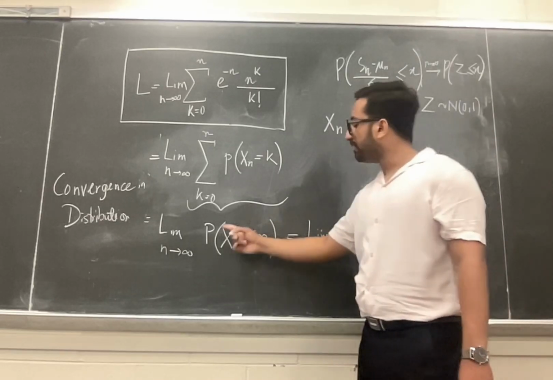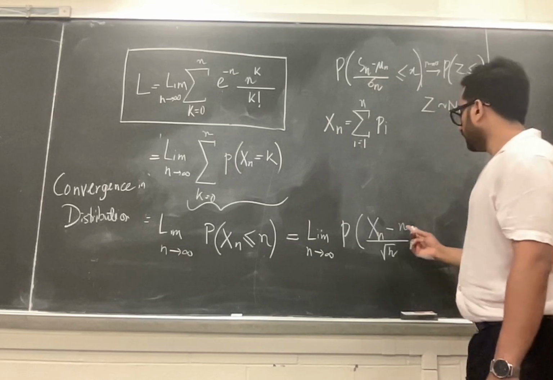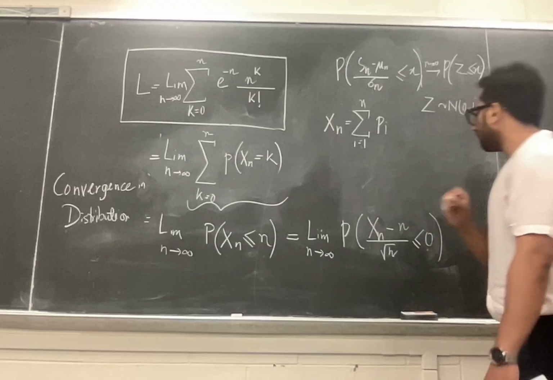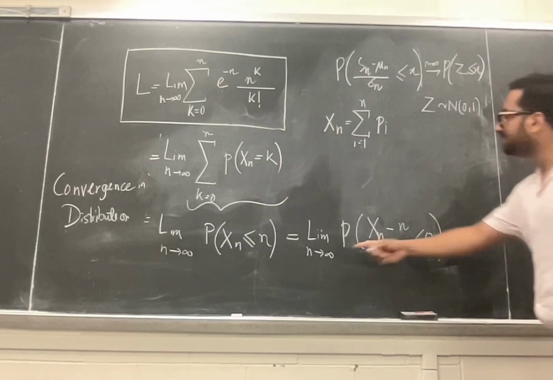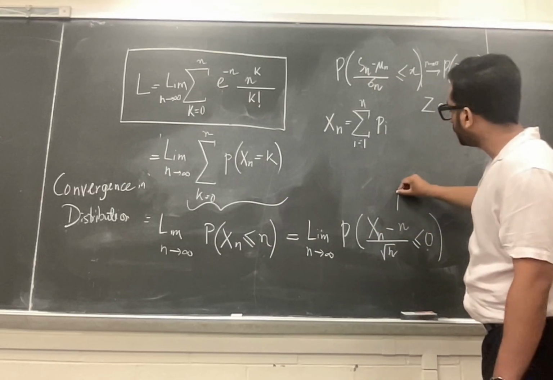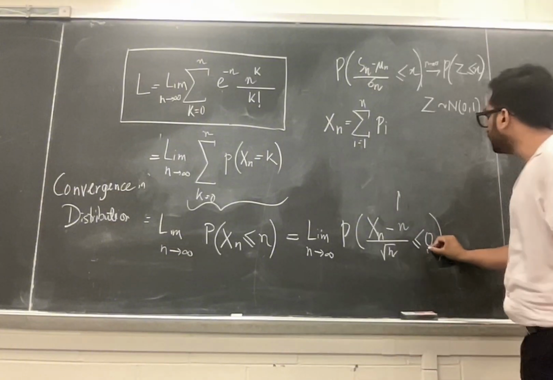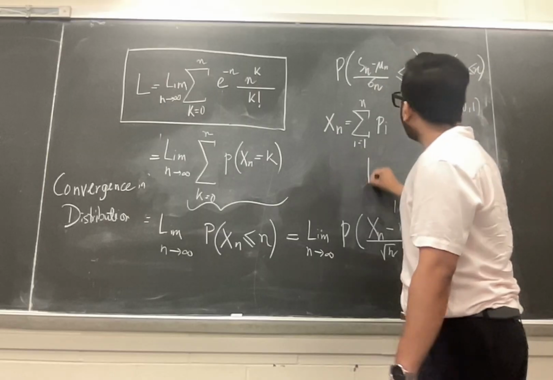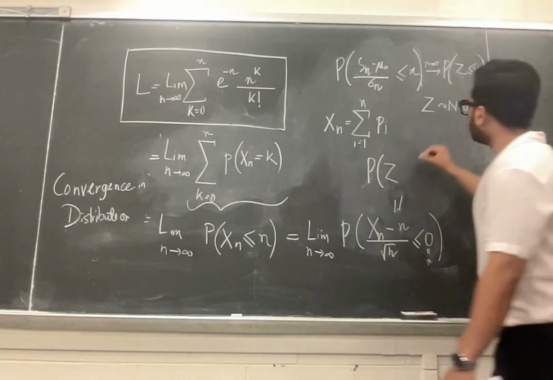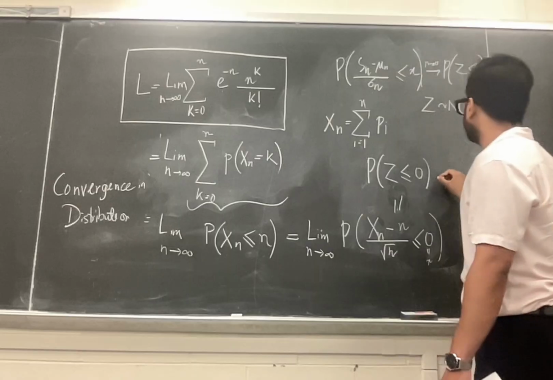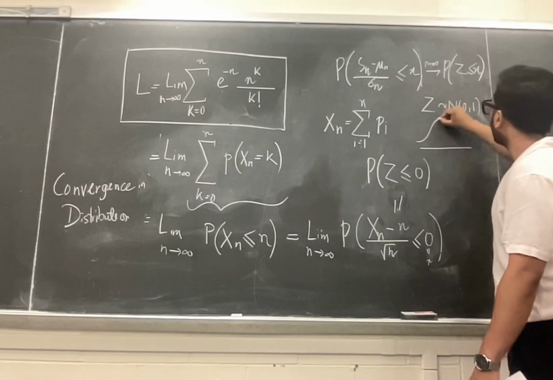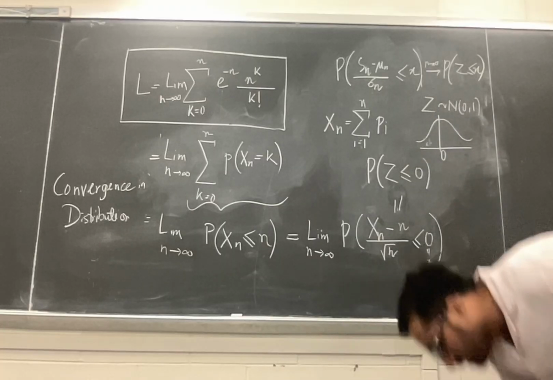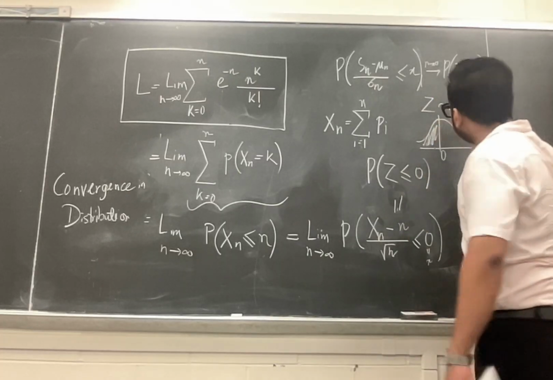Now remember that we have to rewrite this in this form. So n goes to that side, and this becomes less than or equal to 0. As n tends to infinity, we know it converges, and here x is equal to 0. So it converges to the probability that Z, standard normal, is less than or equal to 0, because x is equal to 0 here. And since the standard normal is symmetric around 0, the area is half. So this is half.